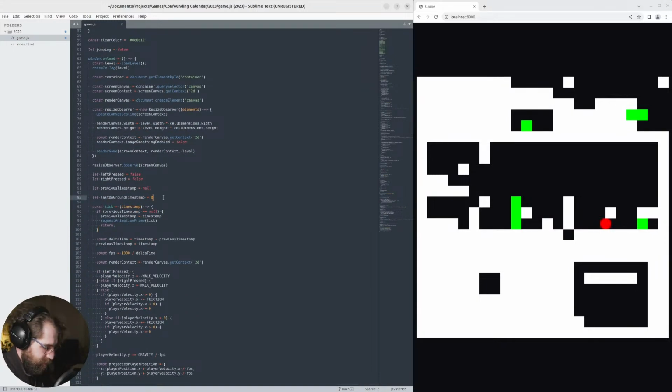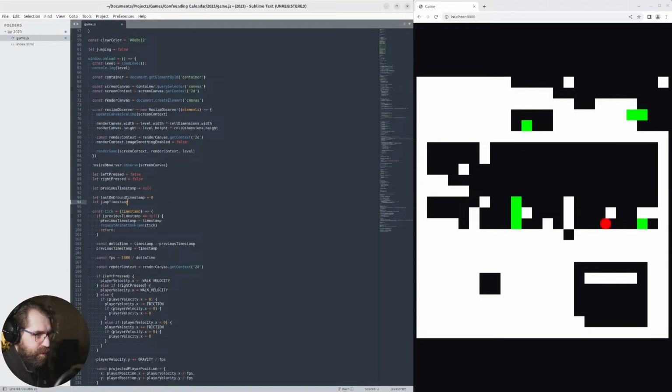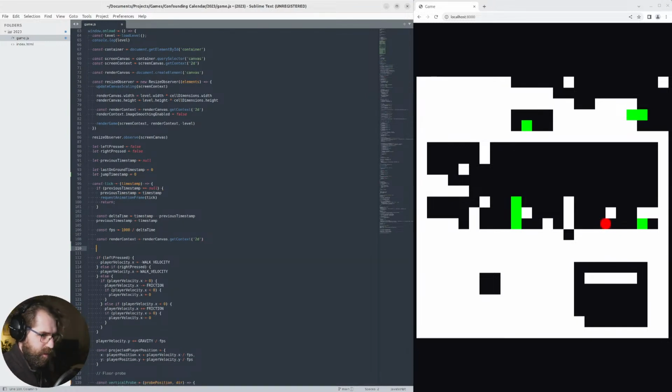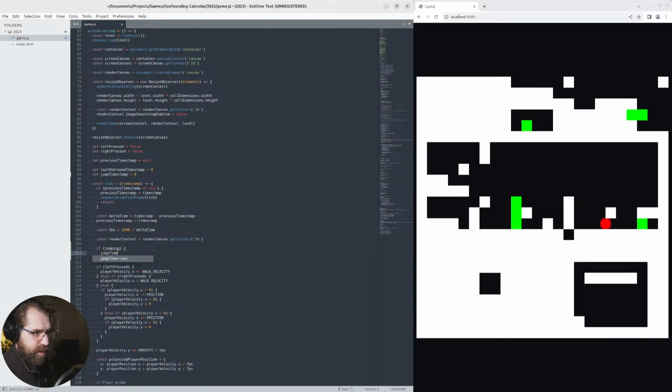This is super awkward. Let's not do it right there, let's do it a bit lower down in the physics stuff. If jumping, jump timestamp equals timestamp.